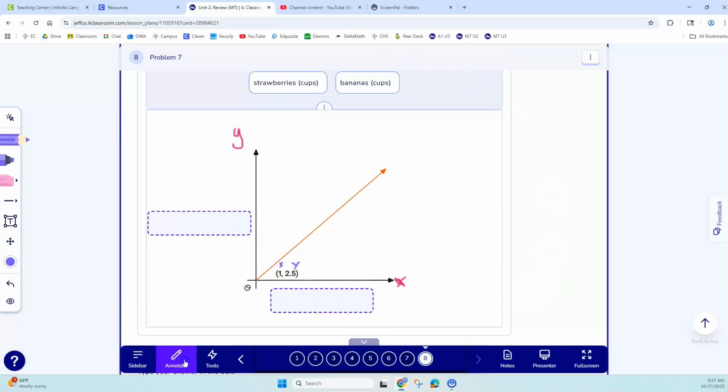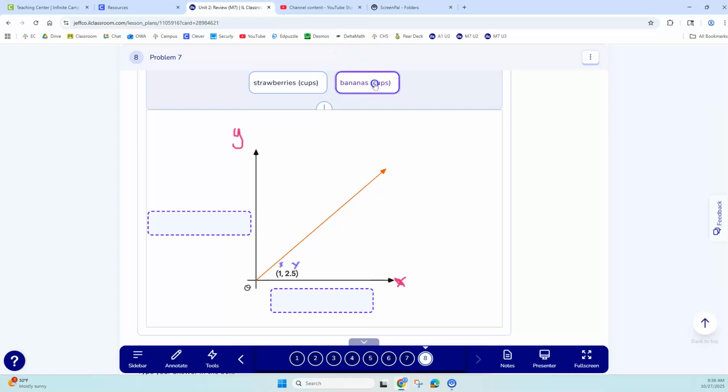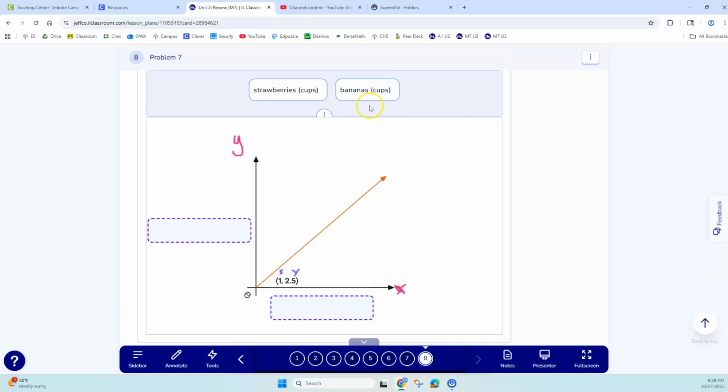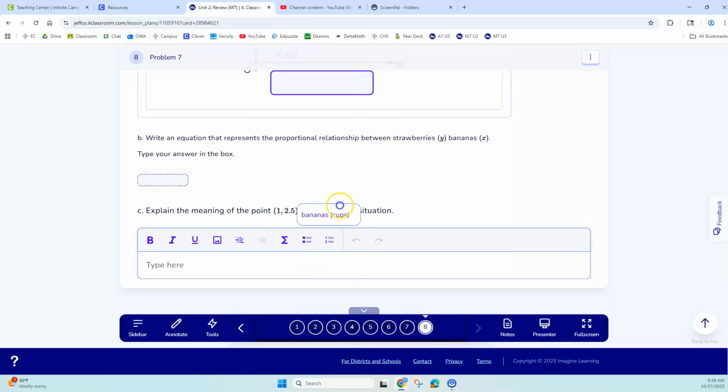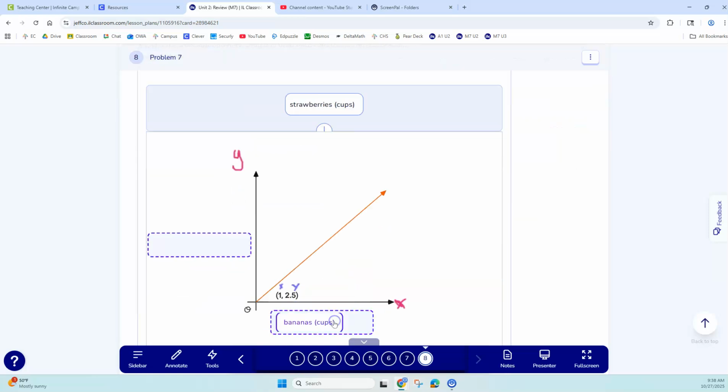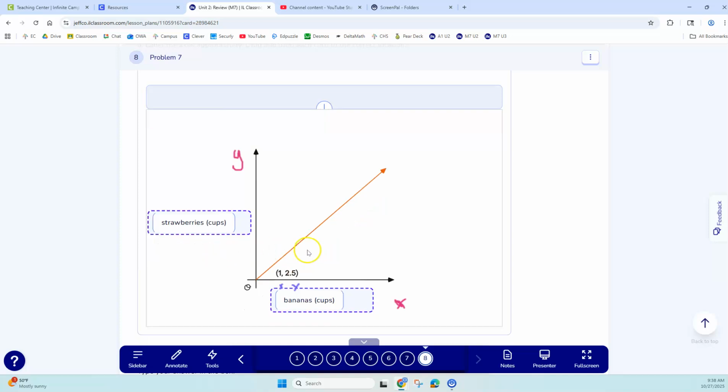So the X represents the bananas. Oh, my computer is going wonky. Super fun. Okay, and then obviously strawberries is going to be here on the Y.